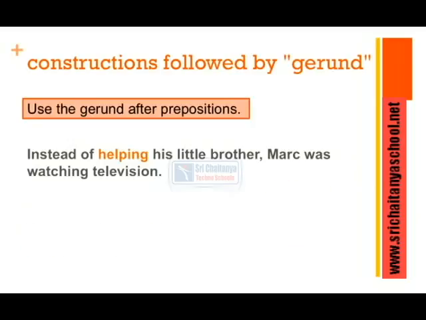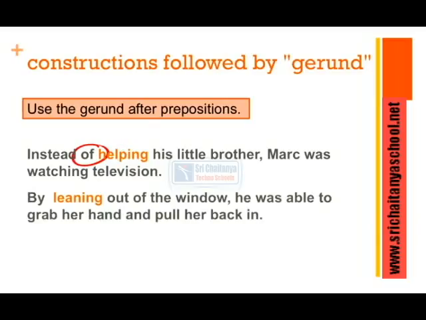And here we go again. Instead of is your preposition here: instead of helping his little brother, Mark was watching television. Instead of actually being a conjunction. By is a preposition: by leaning out of the window, he was able to grab her hand and pull her back in.